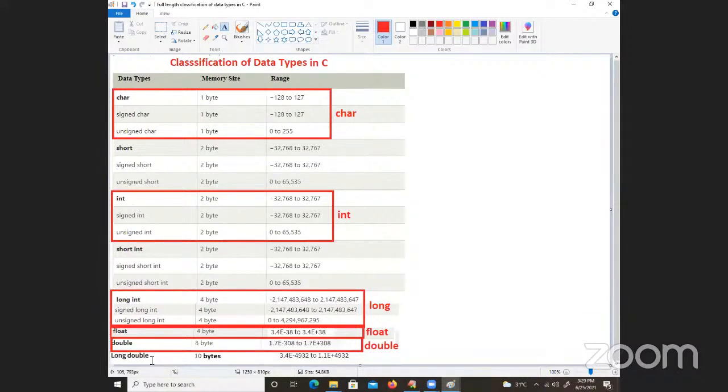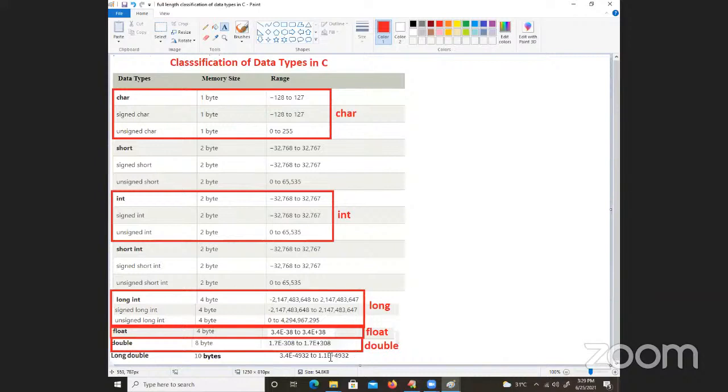Long double is taking 10 bytes. Because long int is taking 4 bytes, but just long by itself is taking 10 bytes. They took 3.4e minus 4932 to 1.1e plus 4932. It is called long double.